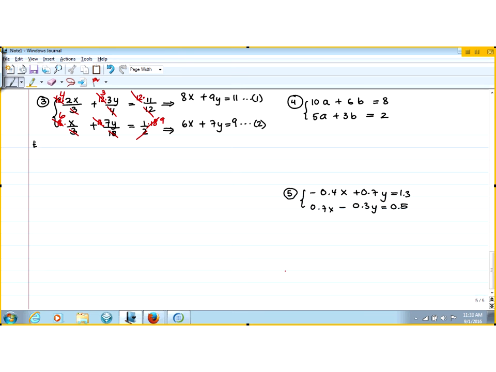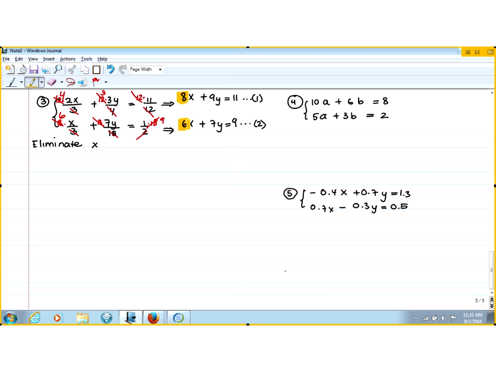Okay. Then let's think about which variable do we want to eliminate. Is it x or y? It doesn't matter. So maybe x. Okay. Now, what is the least common multiple? So if I look at 8 and 6, what's my least common multiple? 24?